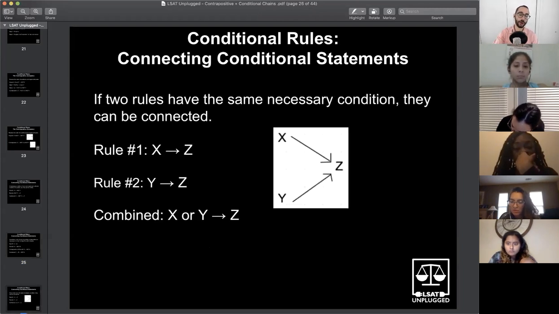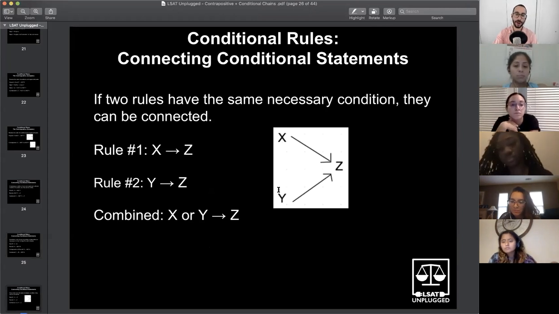So as we were saying earlier, we've got two independent variables, each requiring a result. You can link them here too. So if you have or in the sufficient condition, things are simple. It's a clean result.